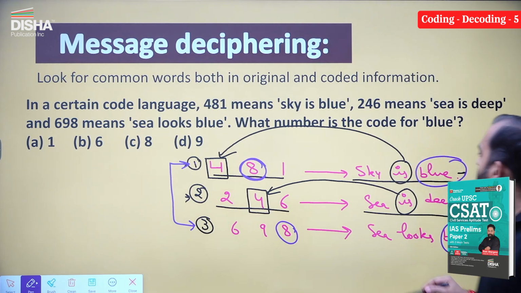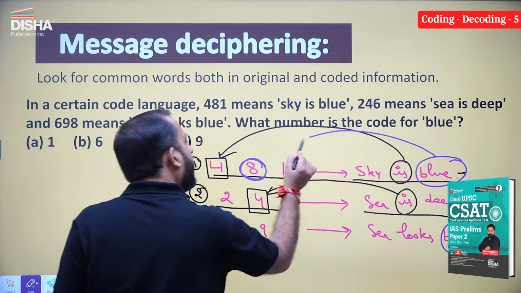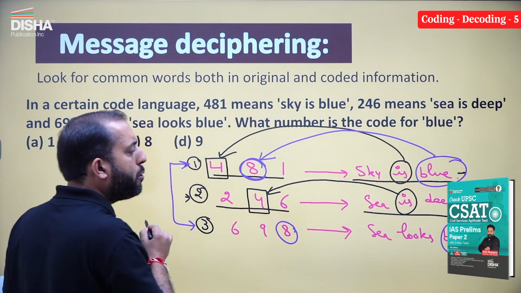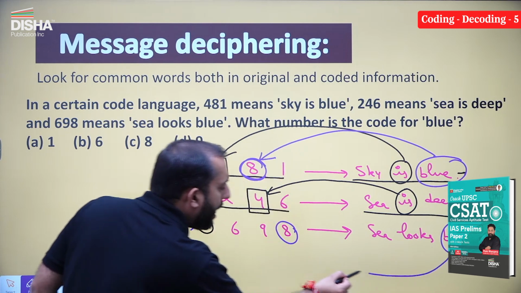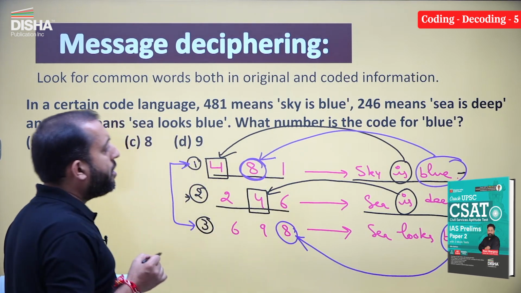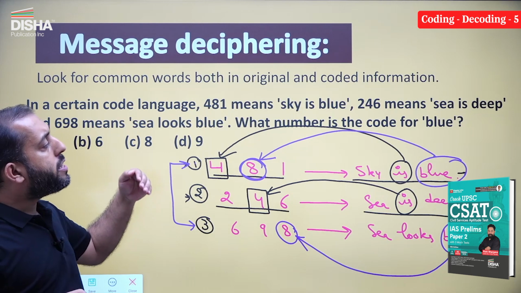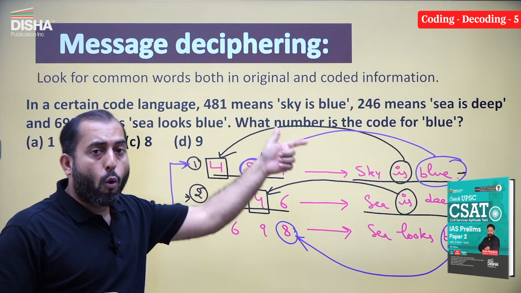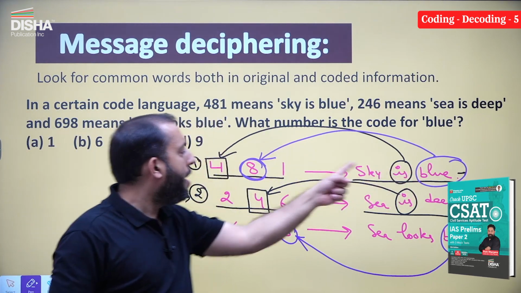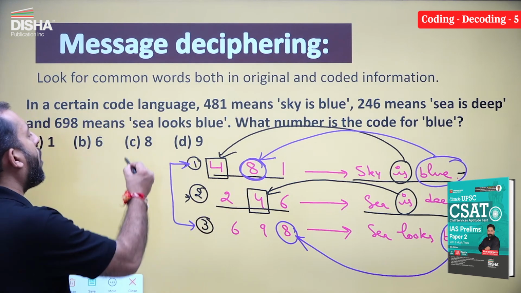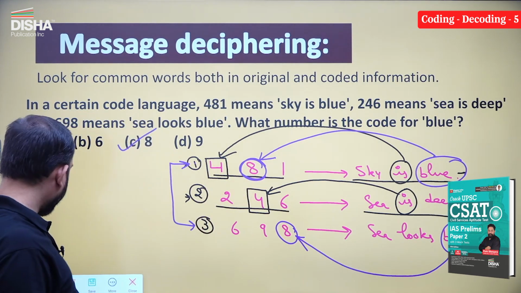So it means 8 should be the digit that we are using for blue. So what number is the code for blue? I can see for blue, the examiner is using 8. Hence option C is the right choice.